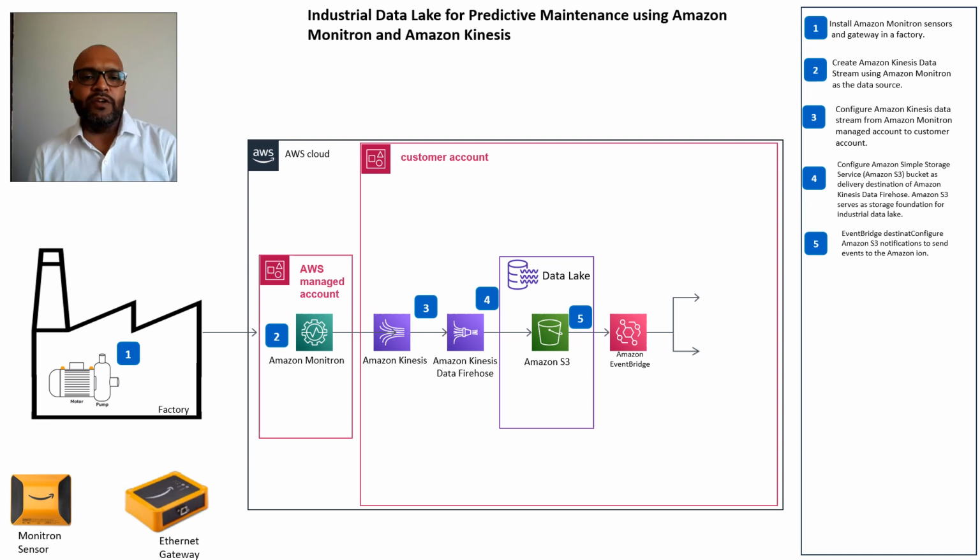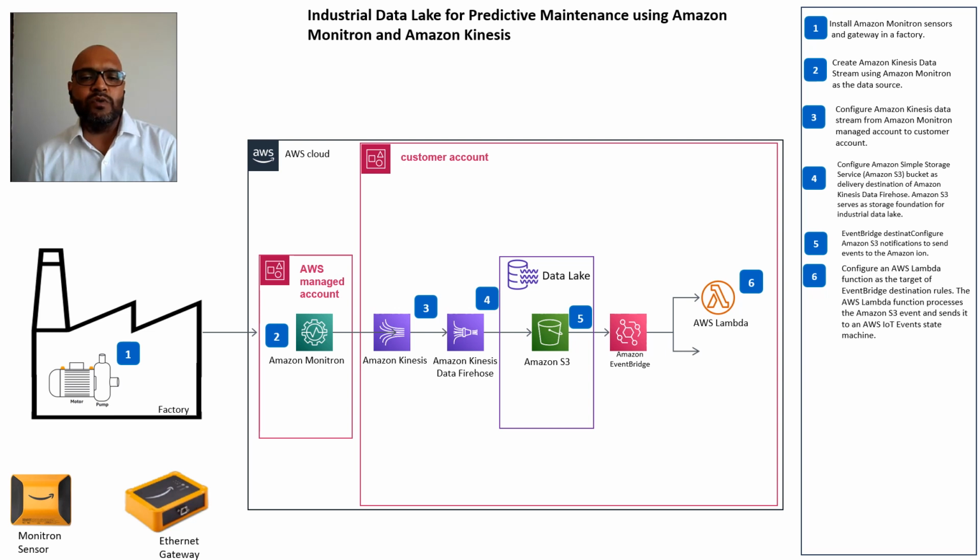Then we need to configure the S3 notification to send the events to Amazon EventBridge destination. EventBridge is a fully managed service that provides reliable, scalable, and secure way to process and route events between applications and services. It enables the businesses to quickly and easily integrate applications and services across multiple cloud environments.